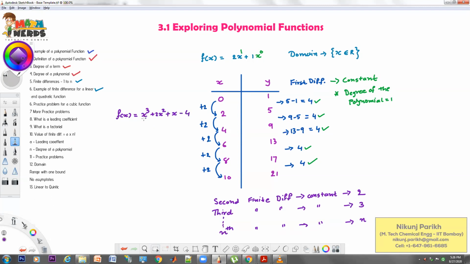Okay. So the degree of this polynomial is 3. So your third finite difference has to be constant. You can choose the same values for x: 0, 2, 4, 6, 8, and 10. I want you to do that way so that we can compare the answers, right? So go for these values of x and tell me what is your third finite difference and whether it is constant or not.